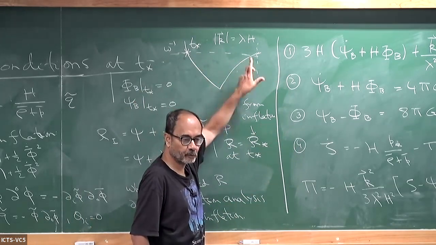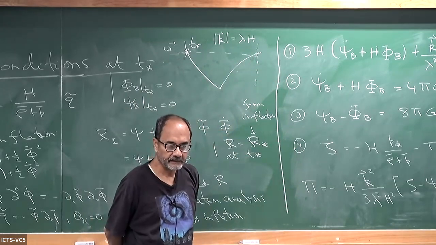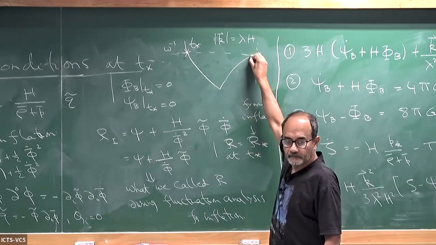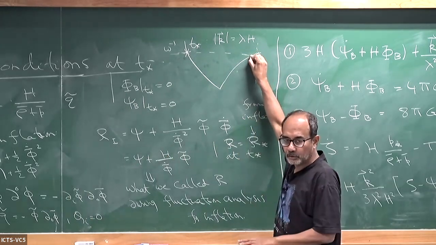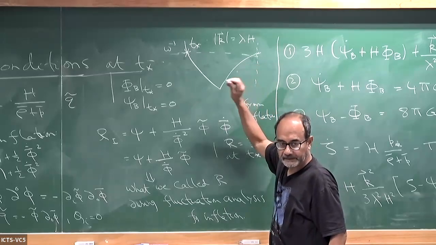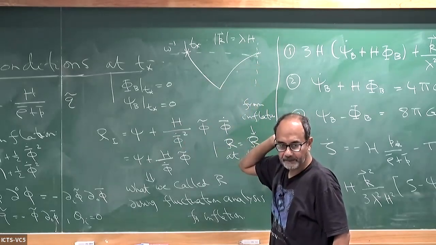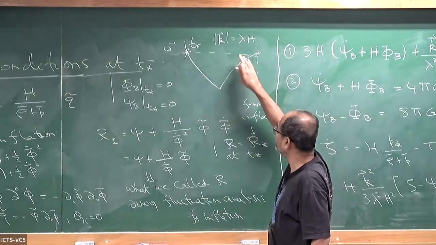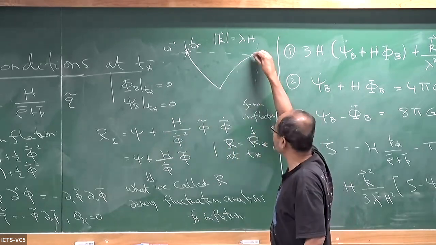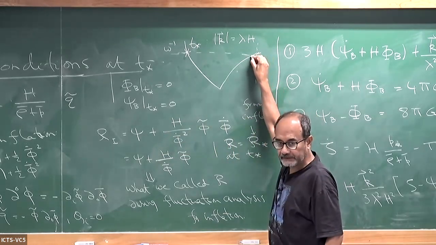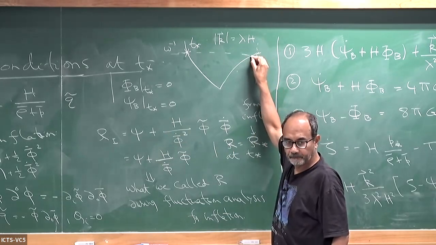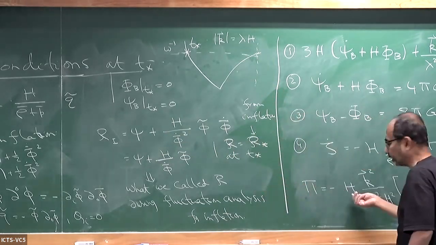That is the meaning of super horizon. So for this particular case, it will hold up to this point. As an abstract mathematical principle, the solutions we are finding with this approximation will hold up to this point. After that, zeta dot is no longer 0, so zeta will start fluctuating, because pi is not 0. You cannot ignore this term.